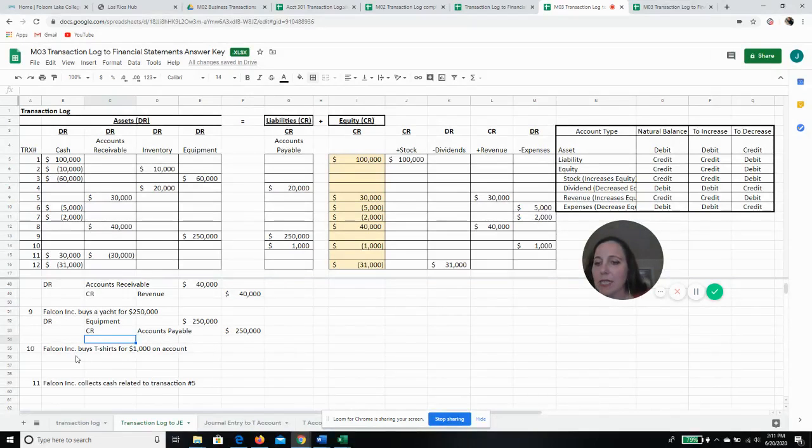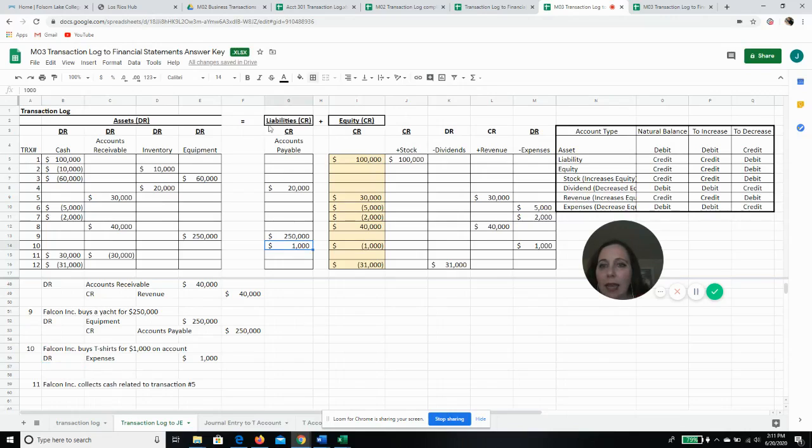Okay, so we're going to buy t-shirts for $1,000 on account. This is transaction 10. And in transaction 10, we increased accounts payable and we increased expense. So we increase expense with a debit. So we'll start there. Debit expenses for 1,000.